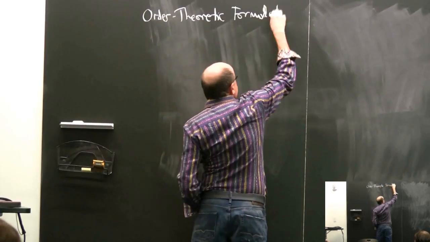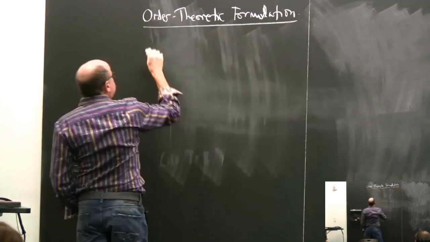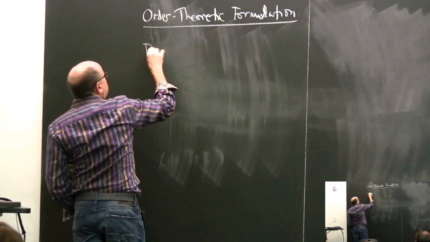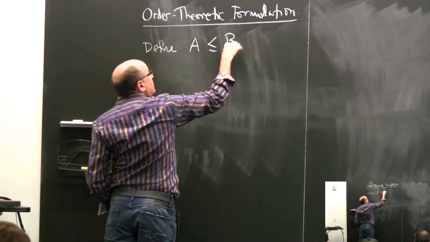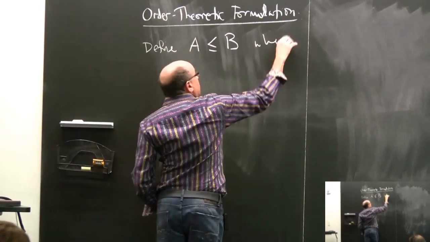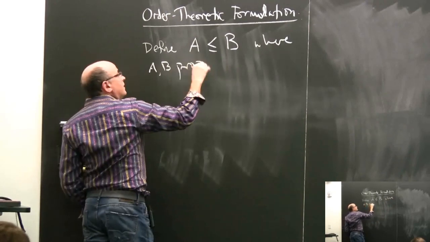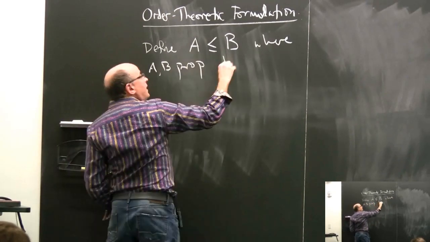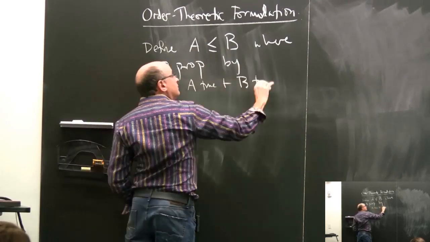One way I can do this is to say this. Let us define an order on propositions. So A and B are propositions, where I'll write A ≤ B, by saying this means that A true entails B true.